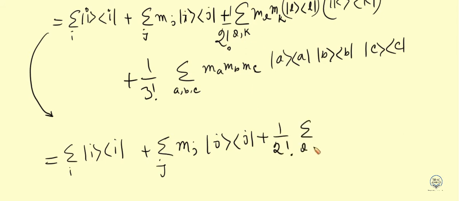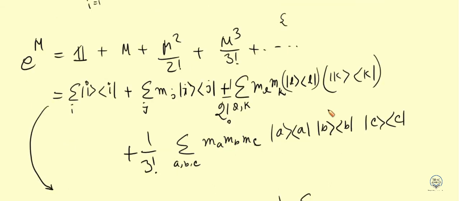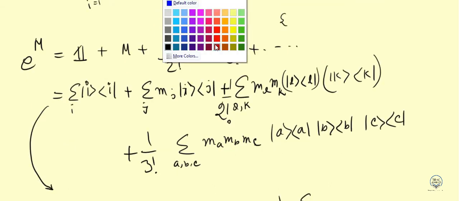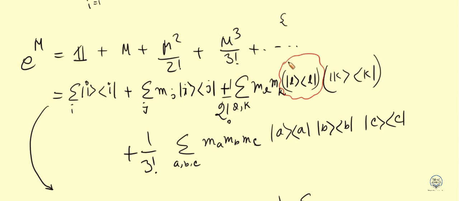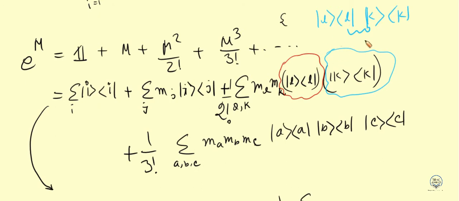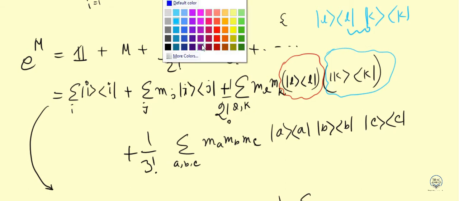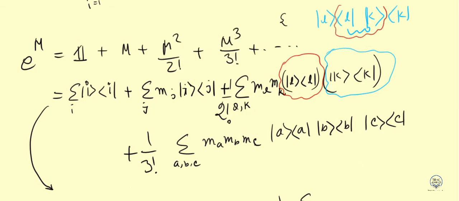So this is where the trick comes, L and K. You can see that I have this guy and another guy like this, and these are orthonormal bases, and we have something like L with K. And if you remember what bracket algebra told us, that if you have something like this, let's just mark it with another color, this thing can actually be written as L inner product with K, and since they are orthonormal, this is just delta LK, right?